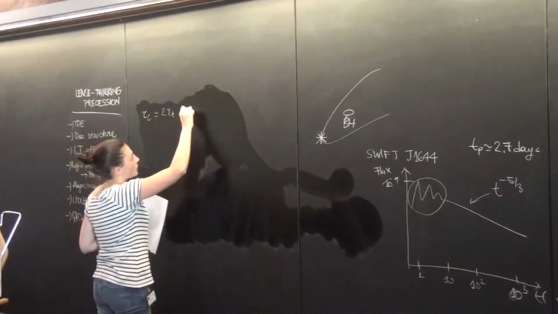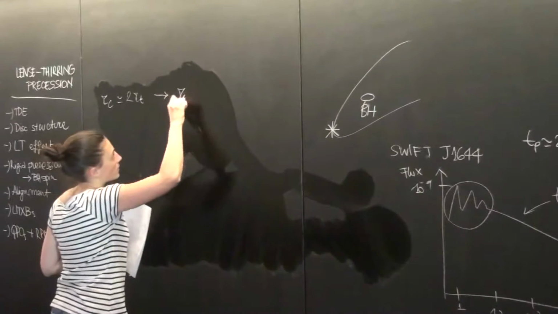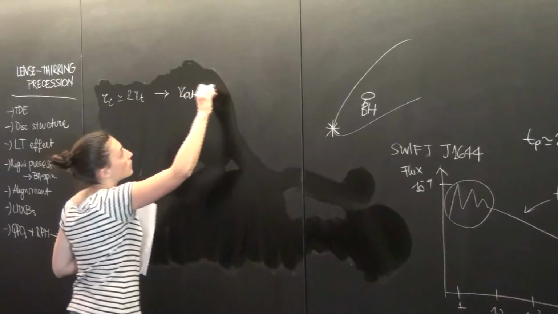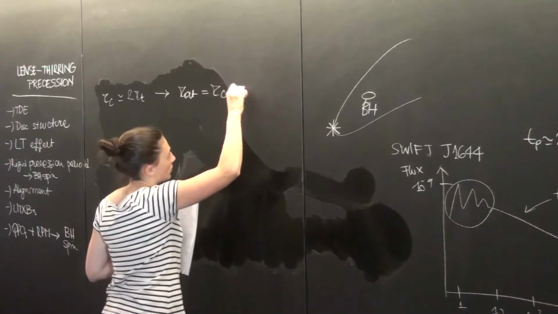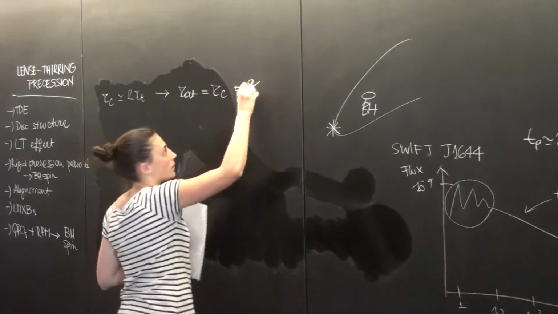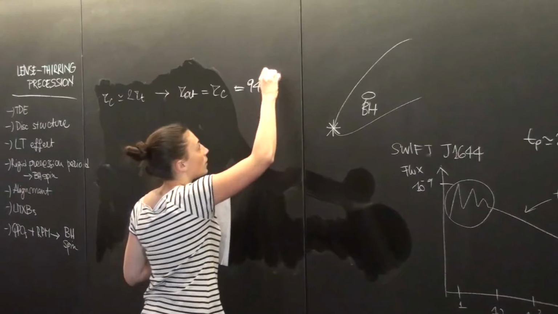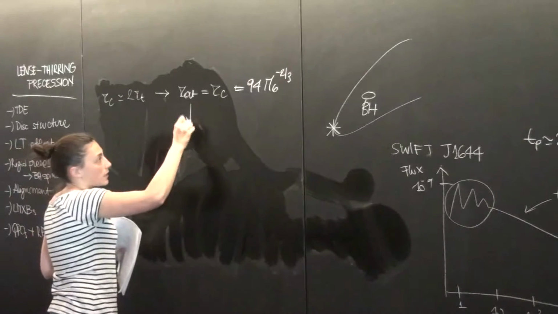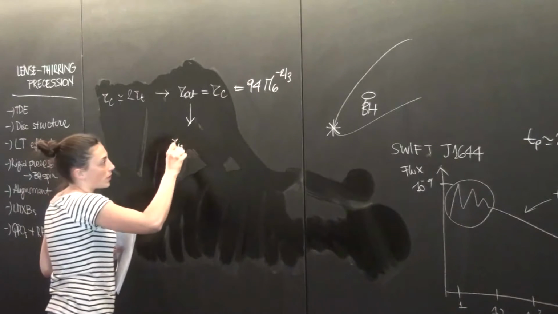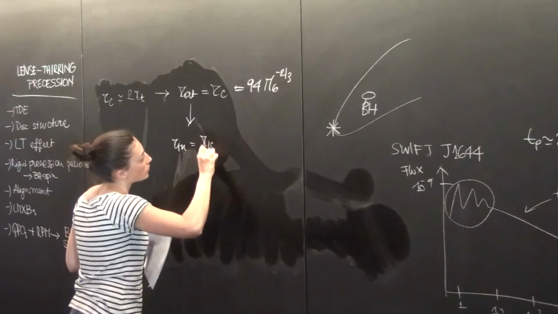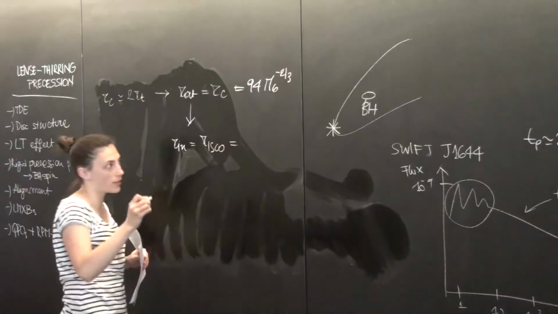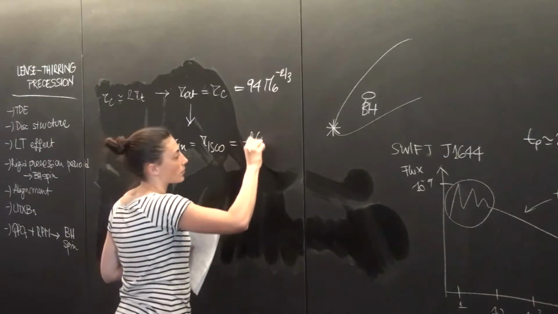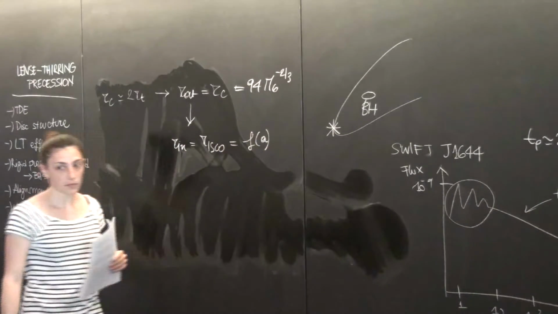So basically this fixes the outer radius of the disk, which in units of the gravitational radii is just a function of the black hole mass. Then the disk extends towards the innermost stable circular orbit, which again in units of the gravitational radii is just a function of the black hole spin.